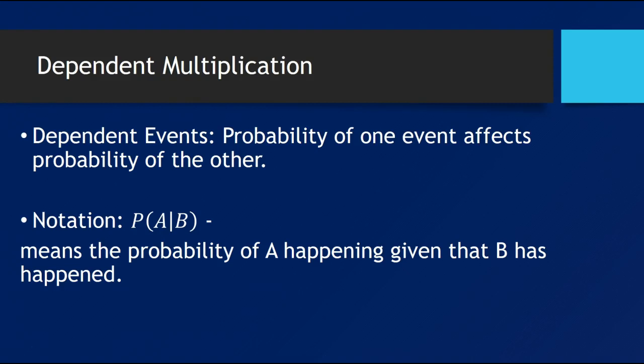fairly straightforward, and that is the notation. The probability of A happening, given that B has already happened, will be denoted by probability and then in parentheses A, a single vertical slash, B. So we'll often shorthand this language to say the probability of A given B. So the probability that A happens given that B already happened.